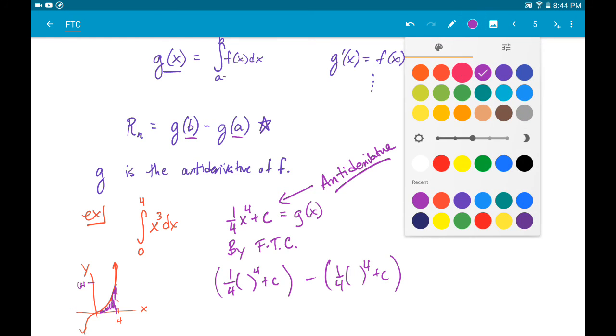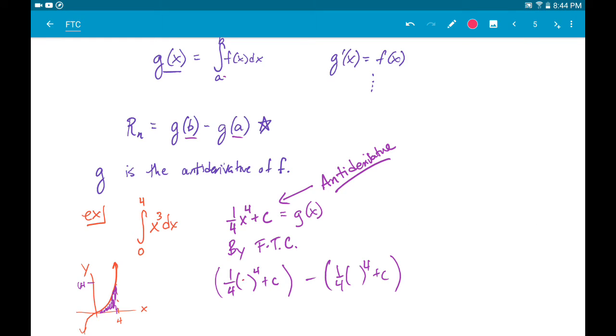and we can substitute in our endpoints. This is me looking at g of 4 minus g of 0, because this was our g of b minus our g of a.